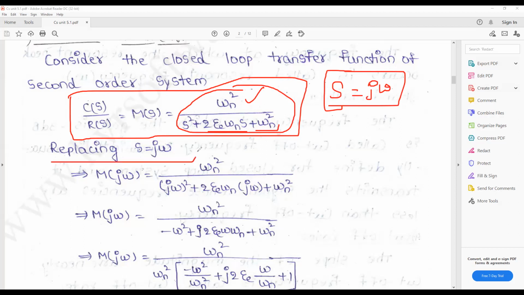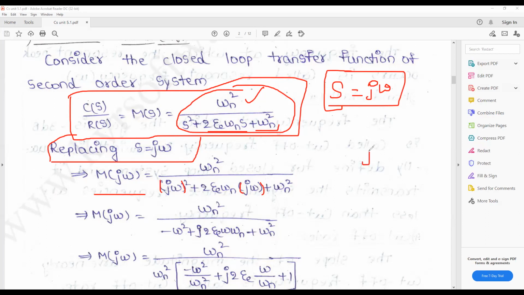So M of j omega is equal to omega n square by j omega whole square plus 2 zeta omega n into j omega plus omega n square.